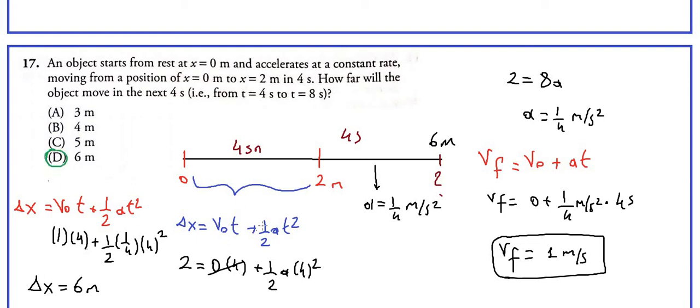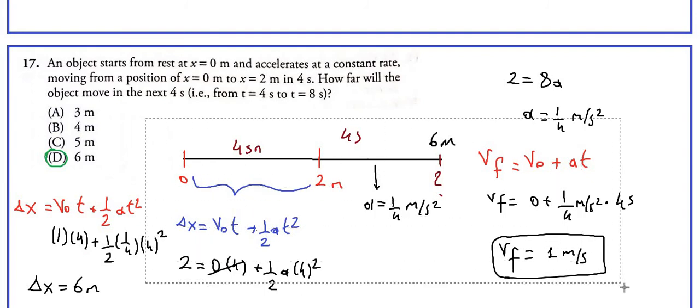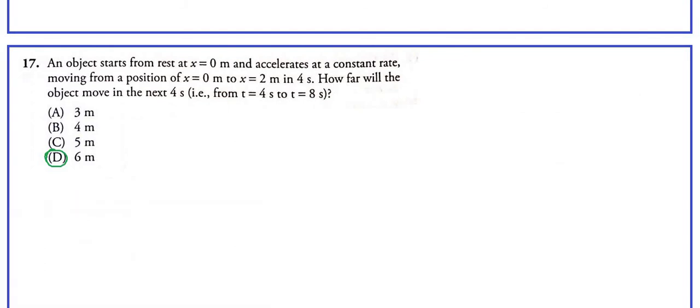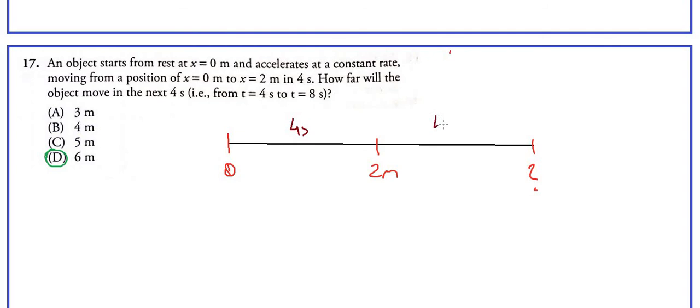This is the answer. This question also could be solved using Galileo's law. Let me show that as well. So according to Galileo, the object starting from rest, going with the equal interval, like in our case, we started from rest, which is 0, and 2 meter and unknown, but we were going with the equal distance, like 4 seconds later, another 4 seconds later.